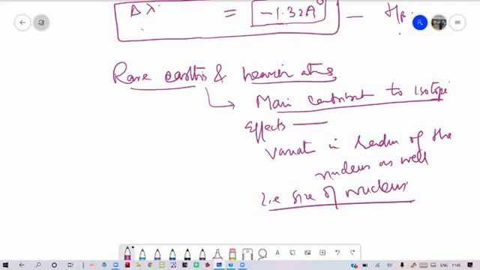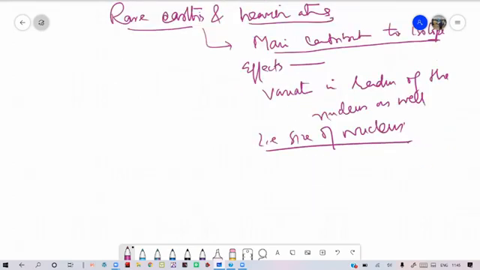So because of isotopes, you can have an effect either from the mass of the nucleus, or you can have an effect because of the radius of that nucleus due to the increased number of charges. So this is how the isotope effects contribute to the hyperfine structures in any spectra, in the spectra of the atoms.